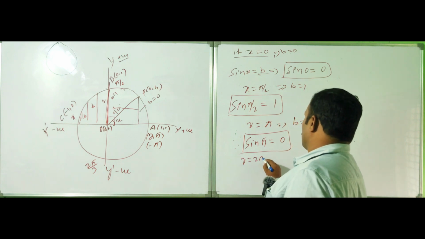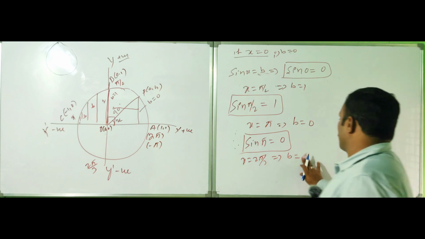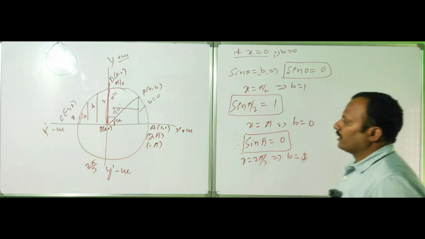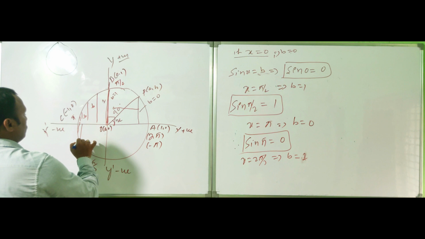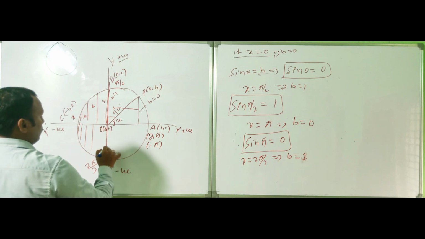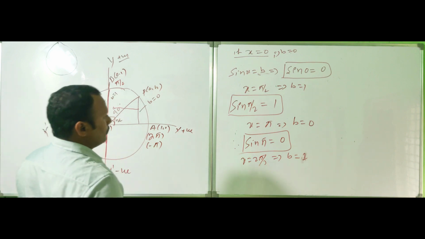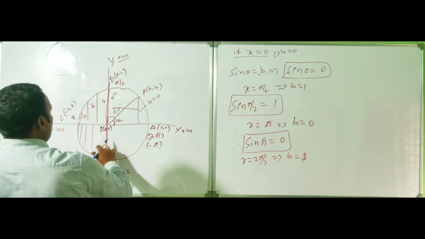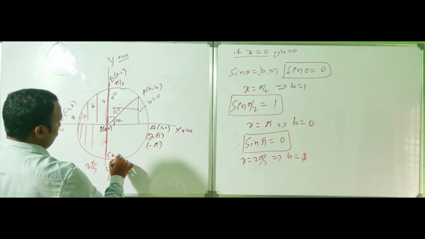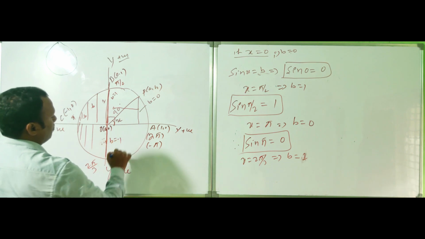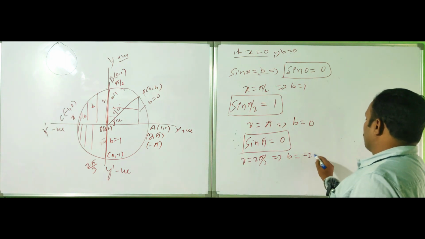x is equal to 2 pi by 3 implies again b is equal to 1. Here b becomes this value, and again it syncs with b is equal to 1. Very important here: because this value has 0 minus 1, b becomes minus 1.